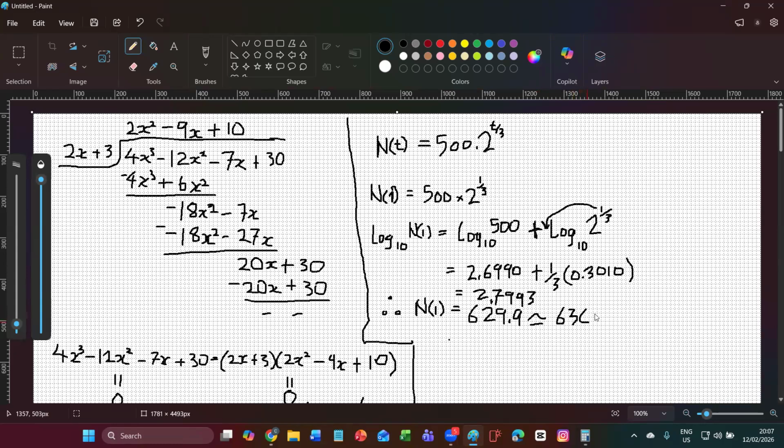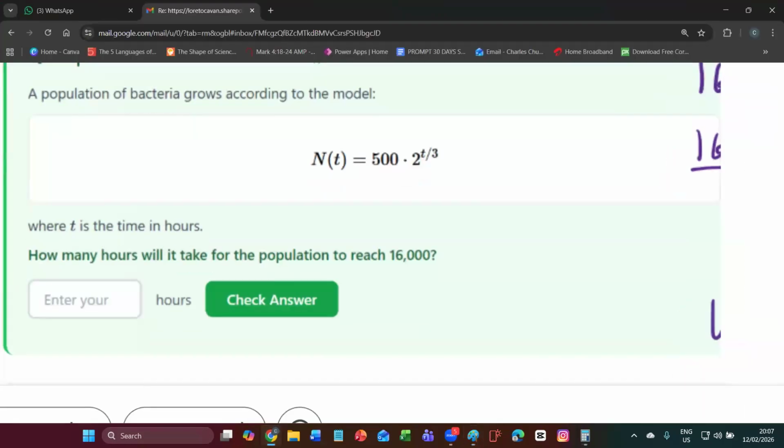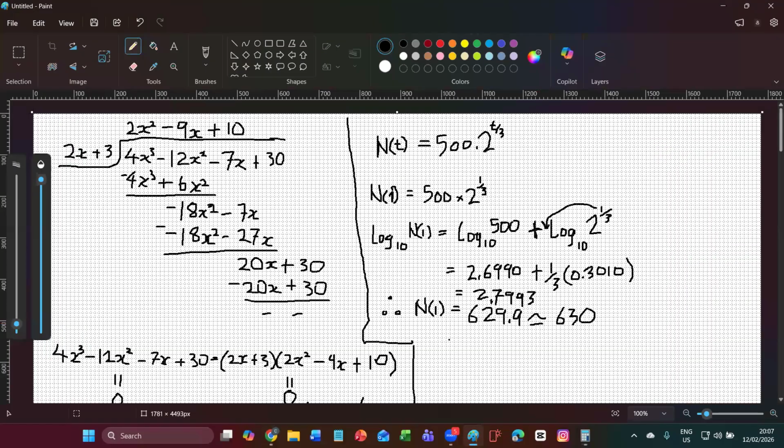Alright, so now I think we can still do a projection for this, since they asked how many hours will it take for the population to reach 16,000.